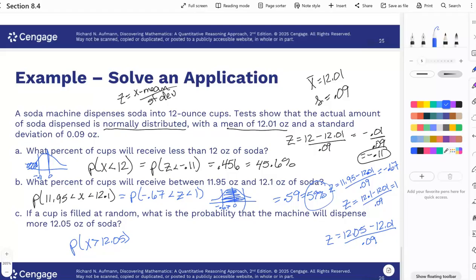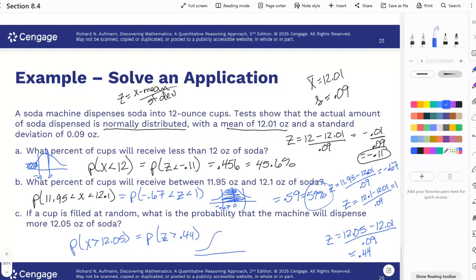I got 0.44. And I'm rounding the z-scores to 2 decimal places, but we could go 3 or 4 decimal places if we wanted to be a little bit more accurate. So z is greater than 0.44.